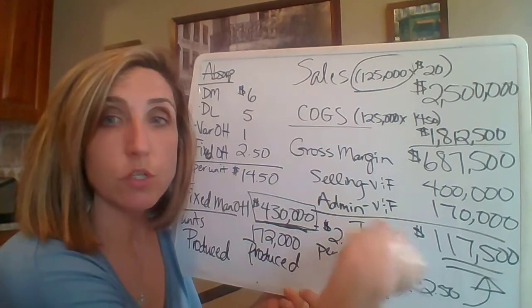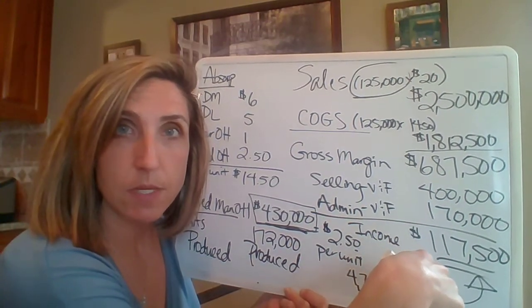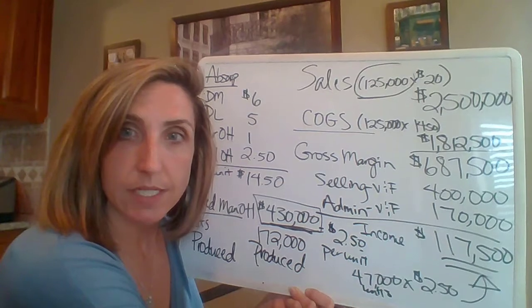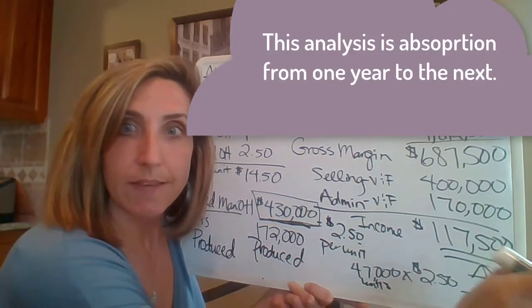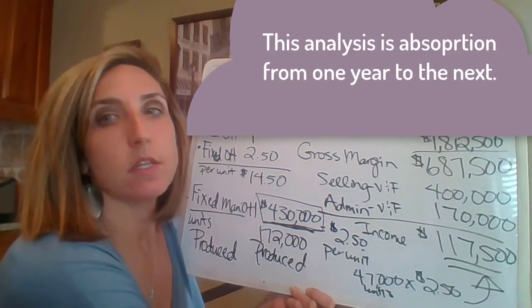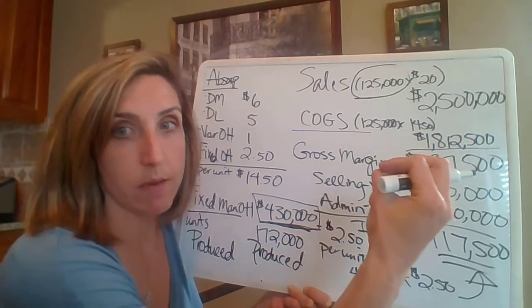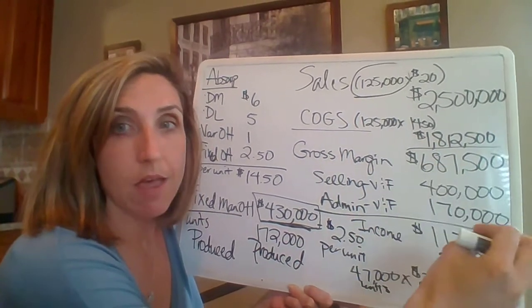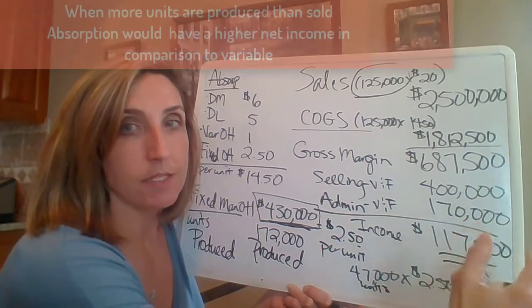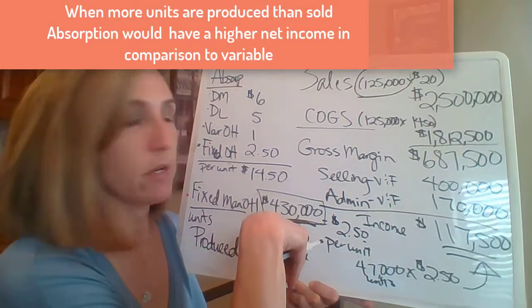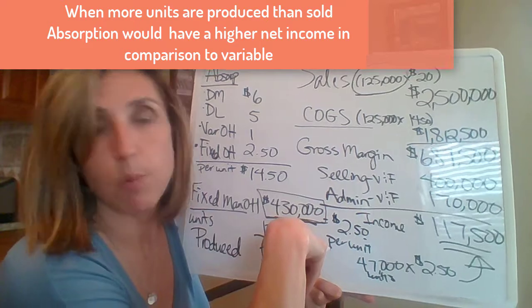Now, if you were to recreate the variable income statement, which I have all these numbers posted in an Excel spreadsheet on Canvas, it would now show zero income for the next year because it does not manipulate this fixed manufacturing overhead cost ever as part of the assets.